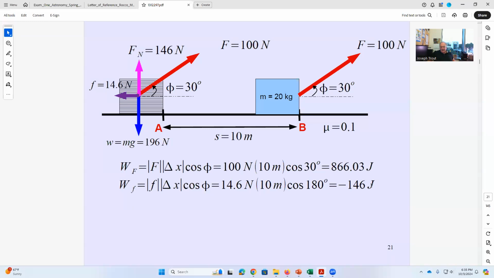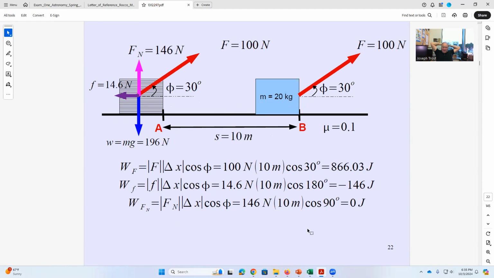Work done by a force can also be zero. So let's look at the normal force. Here we have the normal force times the displacement times the cosine of the angle between the normal force and the displacement, which is 90 degrees. But the cosine of 90 degrees is zero. So the normal force doesn't do any work.